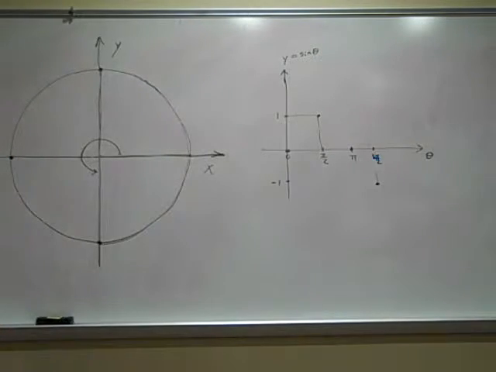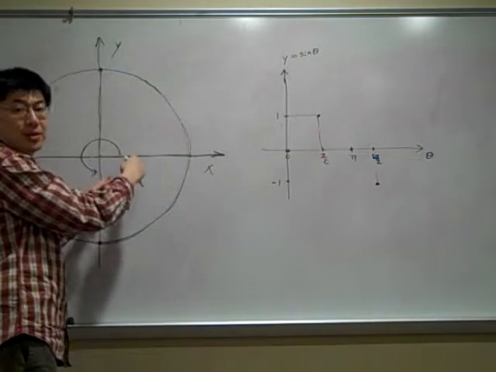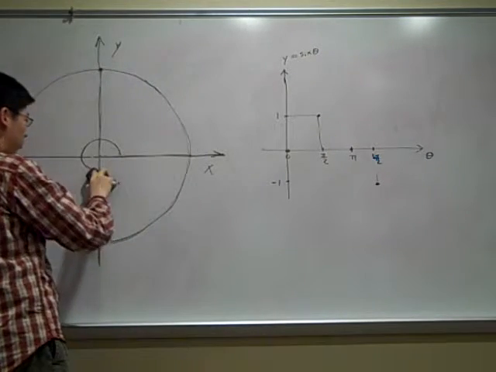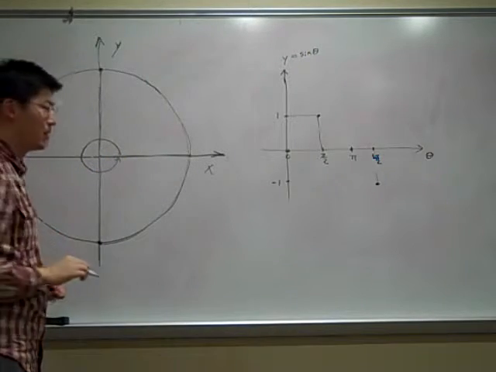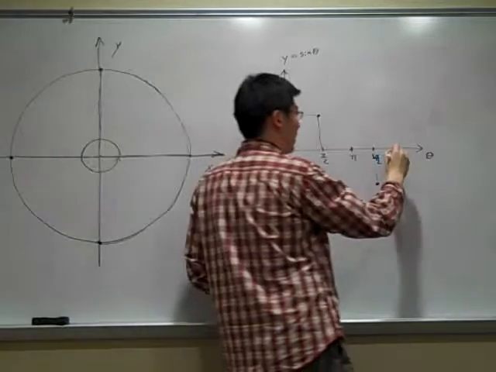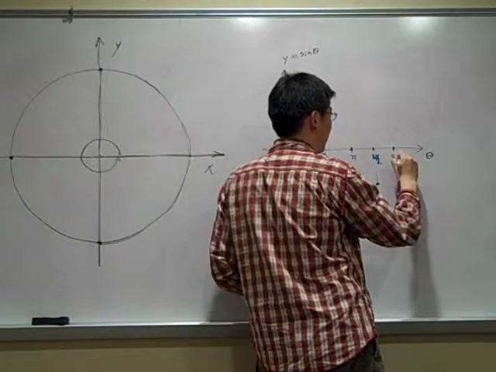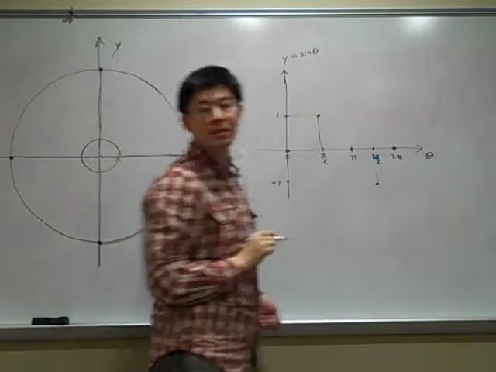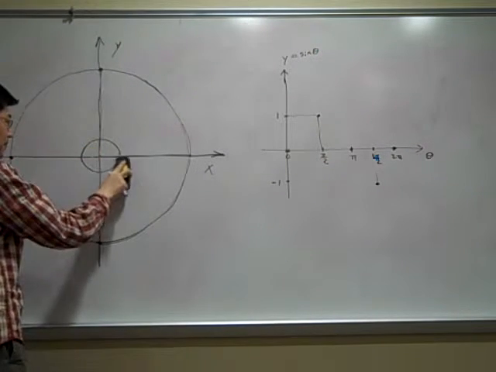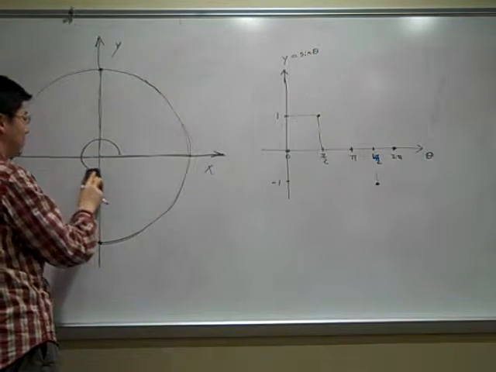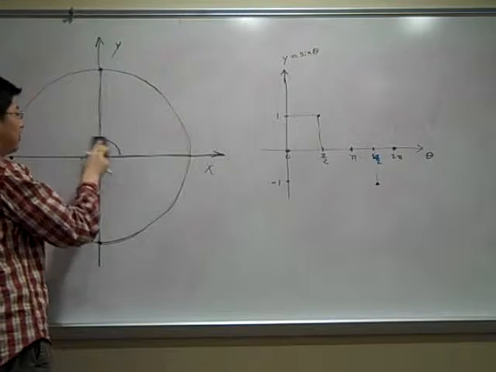Okay? And then if we go all the way around to 2 pi, or 360 degrees, you'll see the whole thing repeats, and it goes back to 0. You can fill in intermediate points, as I mentioned. These are the obvious points because they're nice whole numbers.